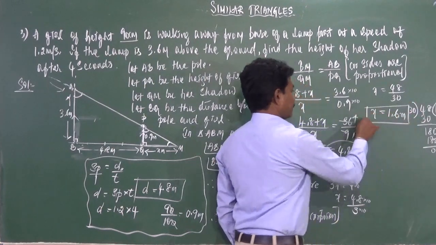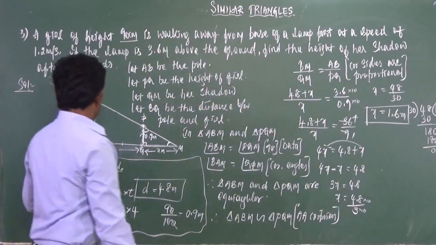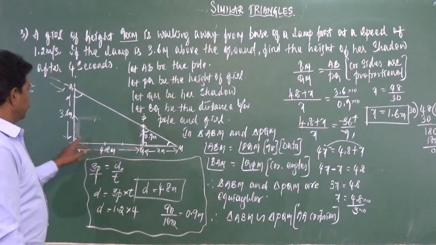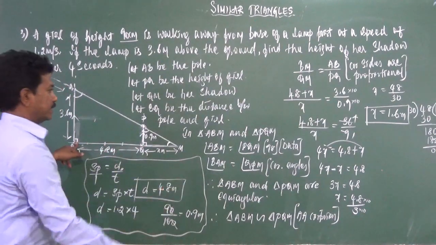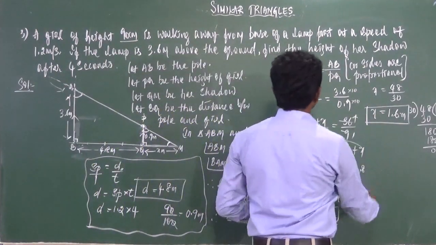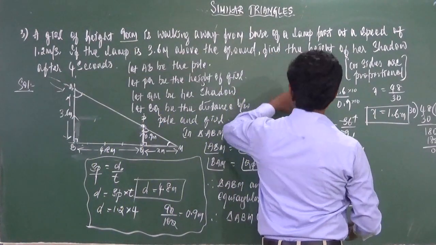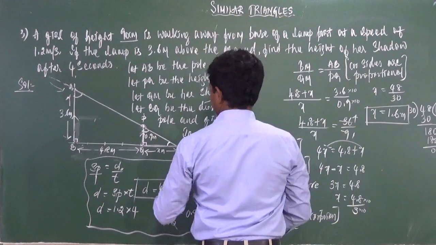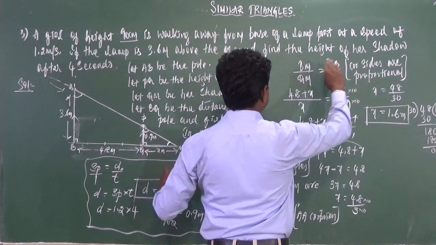So what is the distance between the girl and the foot of the lamppost after 4 seconds? That is 1.6 meters. So you have to write the answer in the statement. The question is to find the length of the shadow.